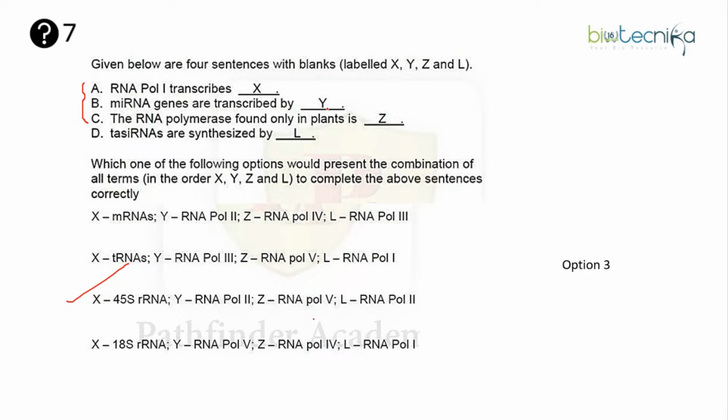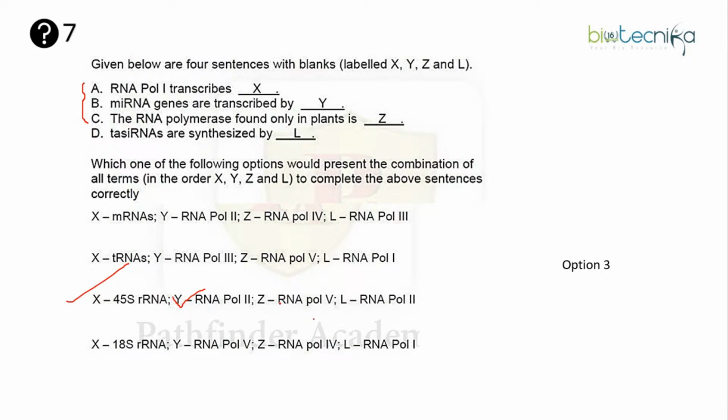So therefore, like the normal genes which are getting transcribed by Pol 2, your miRNA gene also gets transcribed by Pol 2. So here you can make the difference straight away. Even if you don't know C and D, still you will be able to give the correct answer.